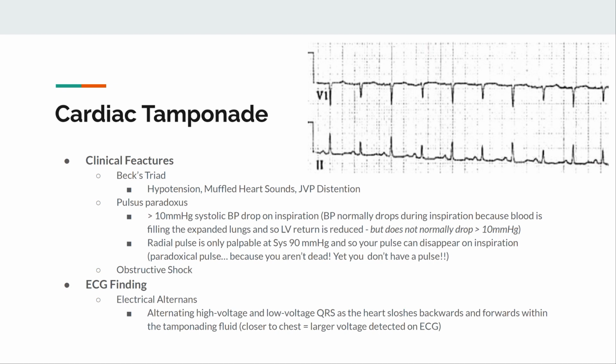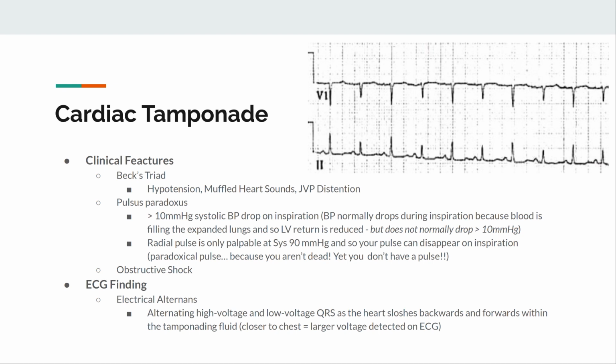It's more complicated than that, but that's the easy way I remember it, is that as you breathe in, the lungs get big, so they're filled with blood. And then as you breathe out, the chest wall compresses down against the lungs and squeezes that blood back into the left atrium. So left-sided circulation, in terms of the left ventricle, is reduced on inspiration and then increased on expiration.